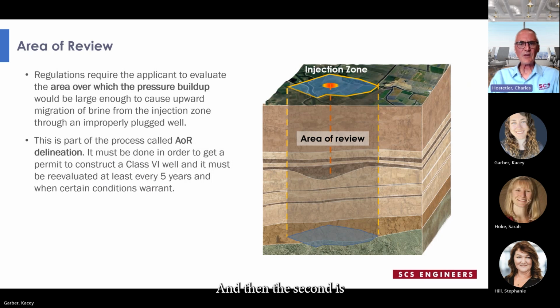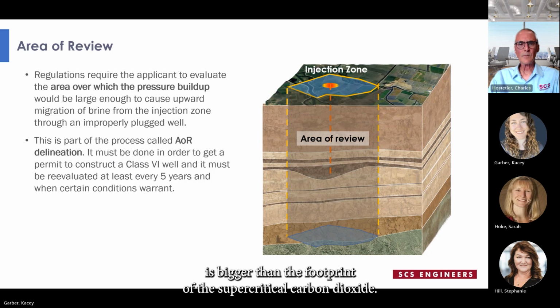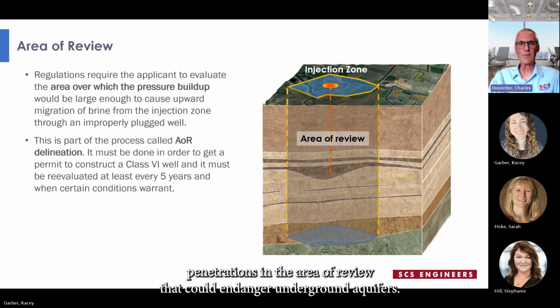And then the second is where pressure can build up to an extent such that fluids from the injection zone could be pushed up into the subsurface. And that's shown in the larger blue area. Typically, the pressure front is bigger than the footprint of the supercritical carbon dioxide. You have to delineate this area of review, and you have to investigate any artificial penetrations in the area of review that could endanger underground aquifers.